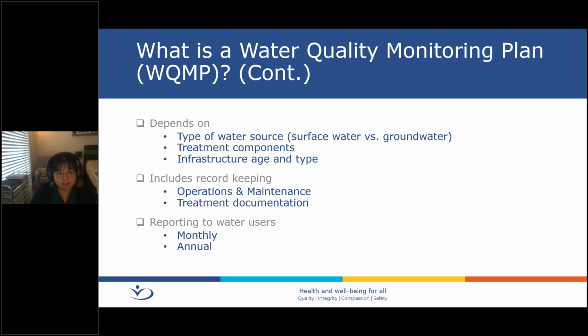And also the plan would depend on the treatment component. So depending on the complexity of the treatment, a more thorough inspection may be required for the monitoring plan. It also depends on the infrastructure age and type. So as you can see, the plan is very specific to each individual water system.